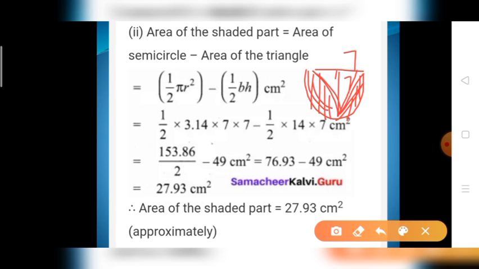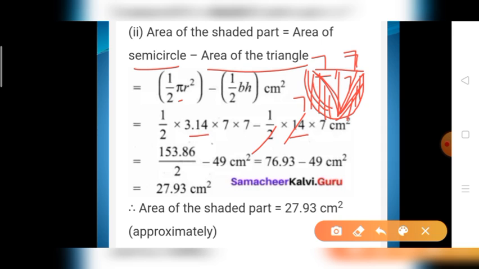Area of the semicircle, formula half into pi r squared, minus area of the triangle, formula half into base into height, centimeter square. Half into pi value 3.14 into radius 7 into 7, minus half into base, this side 7 plus this 7 is 14, height also 7. Cancel the 2 table, 7 twos are 14.